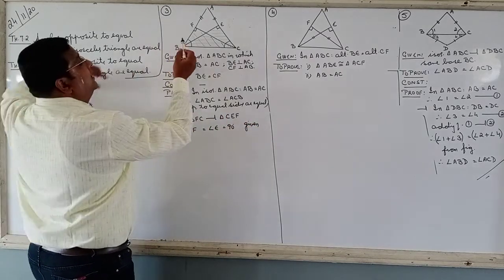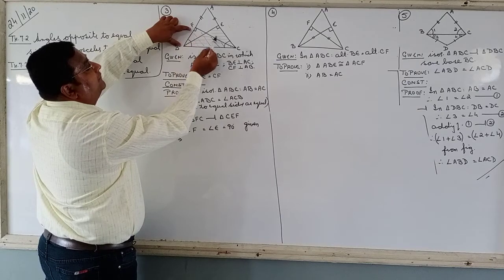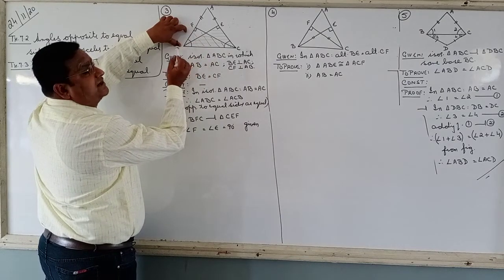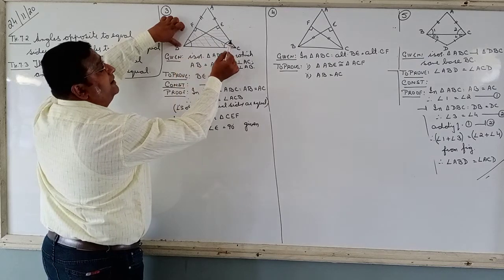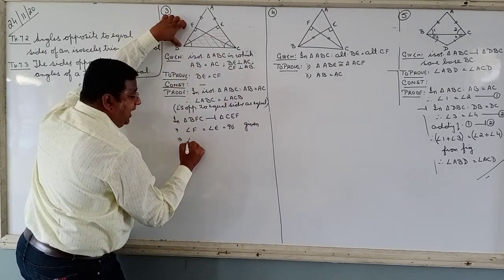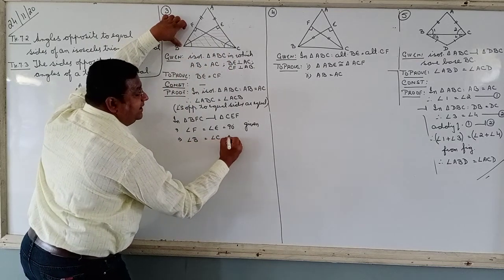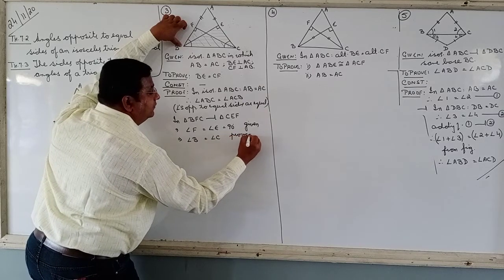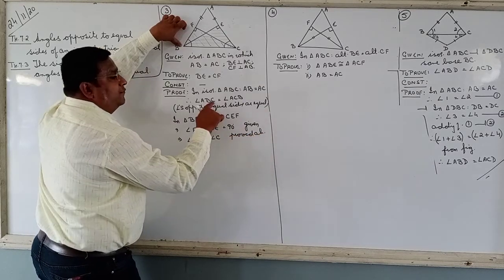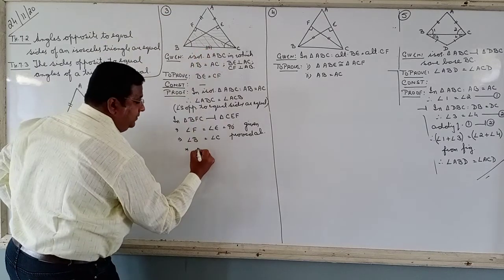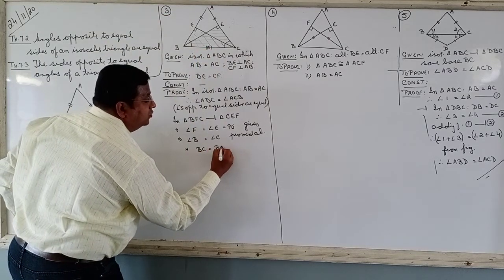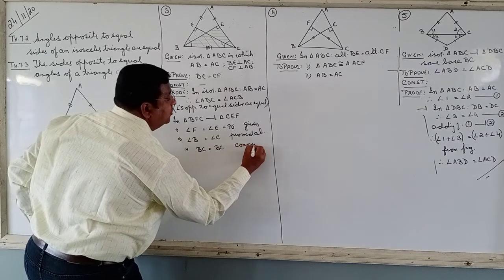Then, can you see, in triangle BFC, this complete angle B is coming, and in triangle CEB, this complete angle is coming. Angle B is equals to angle C, proved above. Here we have proved. And is this side BC common? BC equals to BC, that is common.